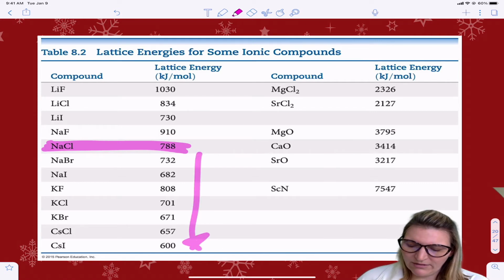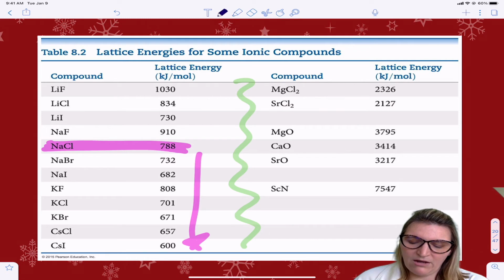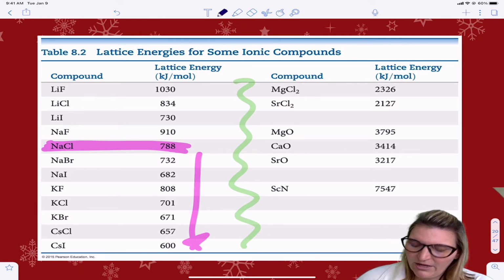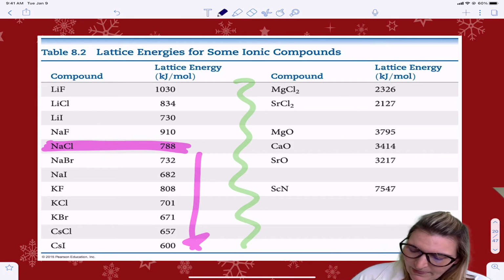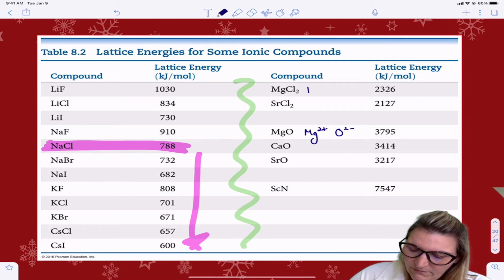And if you notice, there are some obvious patterns going on in this table. They're actually much higher on the right-hand side of this table. I want you to take a look at these types of ions. Look at the charges. Mg is a 2+ ion, and O is a 2- ion.